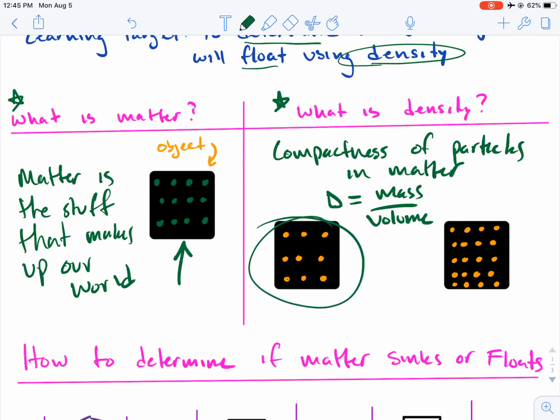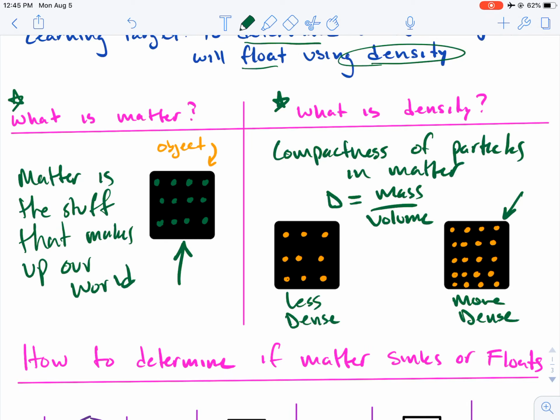So we have two cubes here, one here and one here. And let's just consider which one is more dense. They are both the same size, so they're both the same volume, but this cube has a lot more particles. If it has more particles, it's going to have a higher mass, so it's more mass for the same volume, so this is going to be more dense, and this one is going to be less dense.